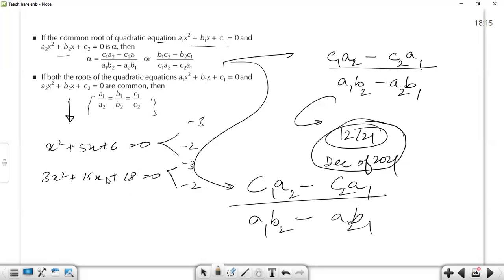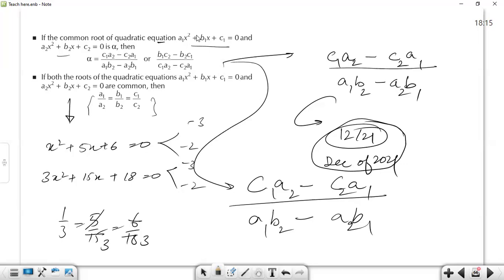For two quadratic equations having the same roots, their coefficients must be proportional to each other: 1 by 3, 5 by 15 should be equal to 6 by 18. So 5 into 3 is 15, 6 into 3 is 18, and 1 by 3 equals 1 by 3 equals 1 by 3. Clear?